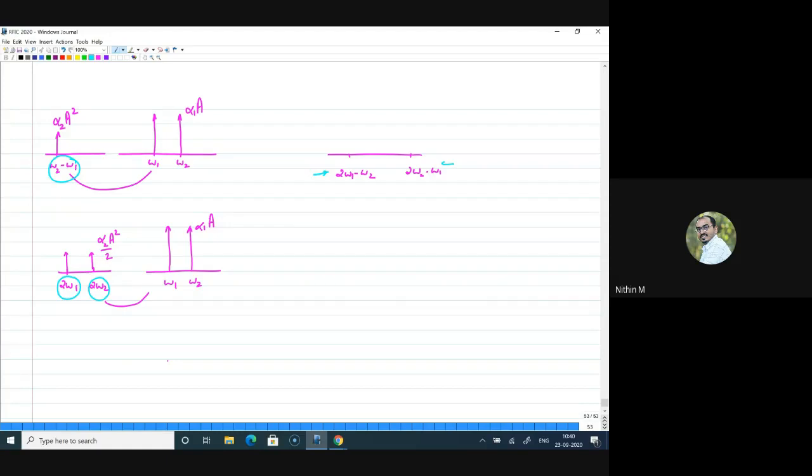So now we are trying to get the amplitudes of such intermodulation terms. Is this clear? If you have doubts, we will discuss and then we will proceed. Any doubts? Clear, okay.